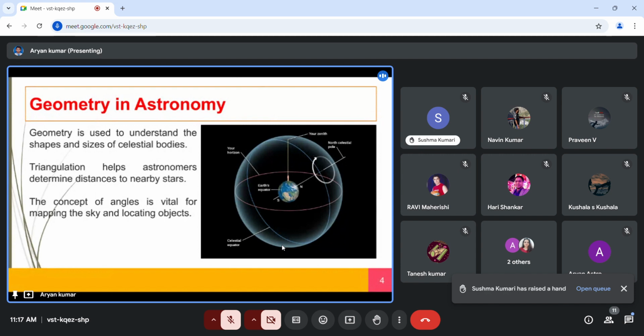The parallax method is about, in your hand, if you put your thumb up and see the stars, it is just what we call approximating the distance. And astronomical coordinate systems, as you can see, can also be used for mapping the coordinates.